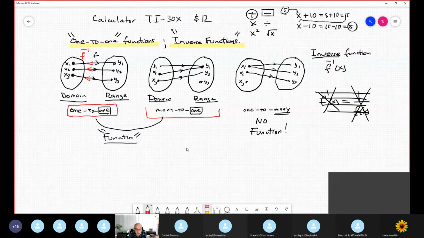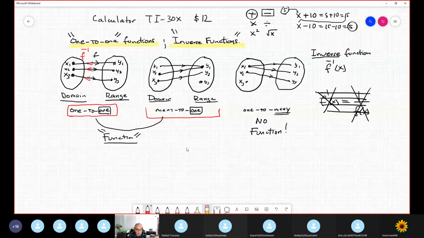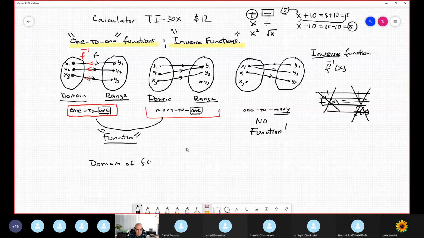Okay, good. Now, let me take advantage of this moment to say that, for example, the domain of the original function f is equal to the range of its inverse.